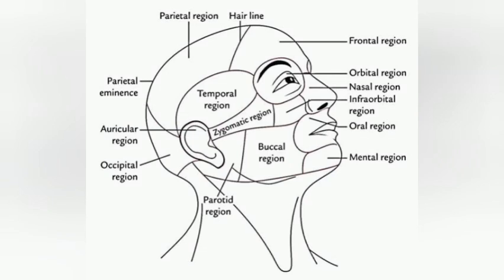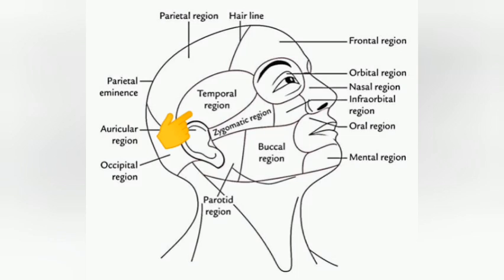So what are the regions of the head? The head is made up of the following regions. First, a frontal region, as the name implies, at the front. It is made up of a parietal region. It is made up of an occipital region, which is at the back of the head.